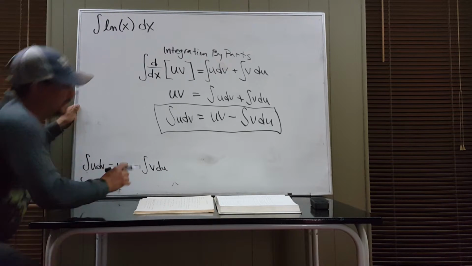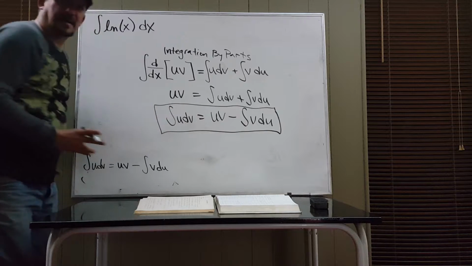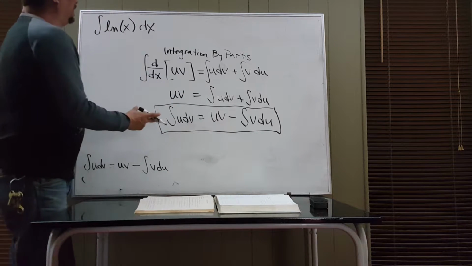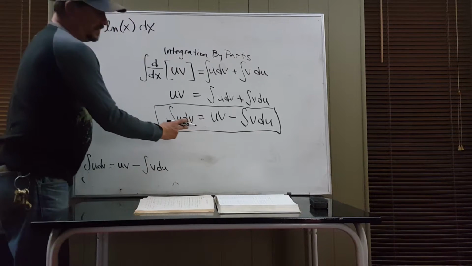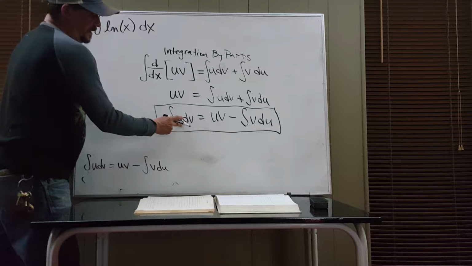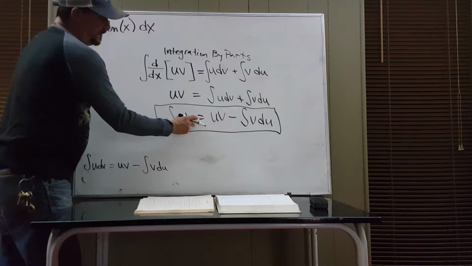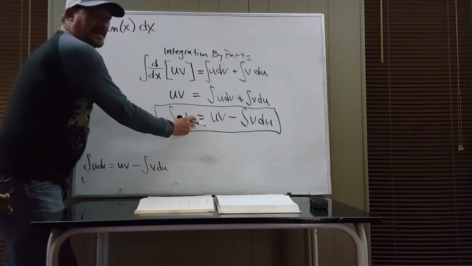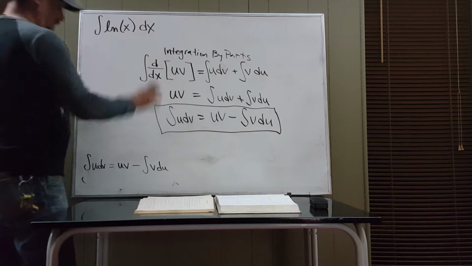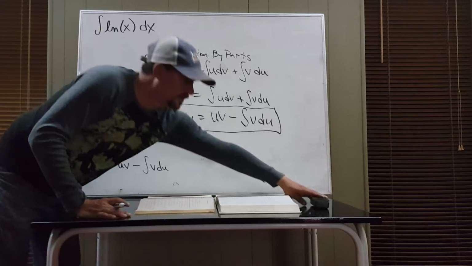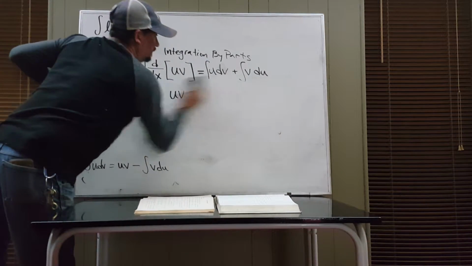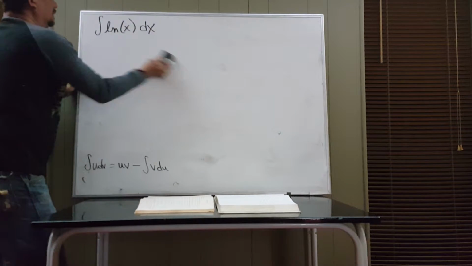Now, this is kind of like the product rule, but it's kind of different because we're multiplying two things together, but one is something that I can differentiate, and the other function is something that I can anti-differentiate. Okay, so we're going to start with an easy one here, this natural log of x. And I've got my formula down here, so we're going to start with this.